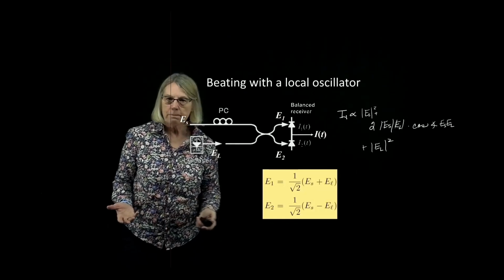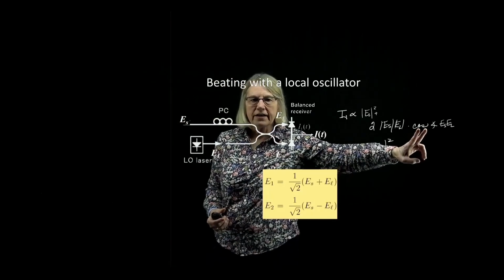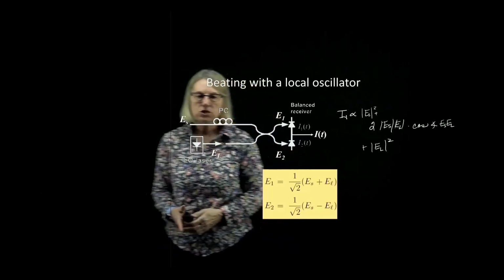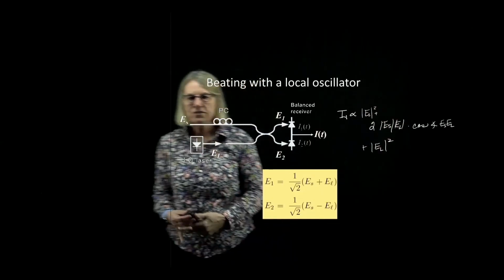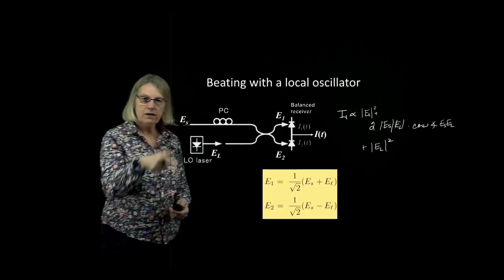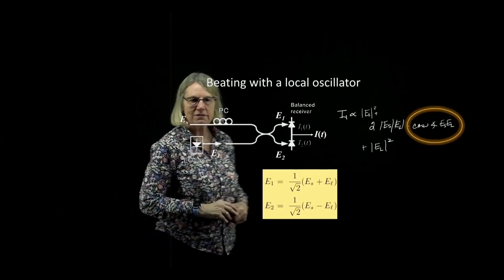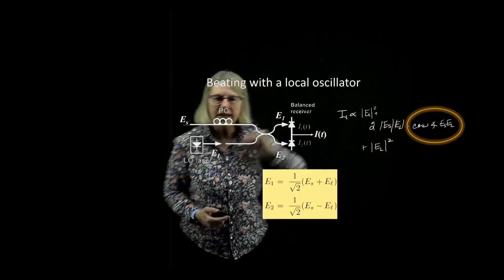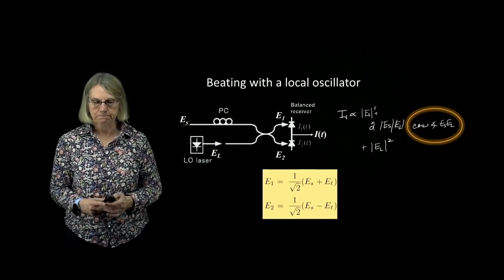This is the beat term. This is the term which is proportional to the cosine of the phase between them. It's also proportional to the modulus of the signal and the local oscillator. So this is the magic term. This is the term, the beating, that's going to let us have access to the phase of the signal.